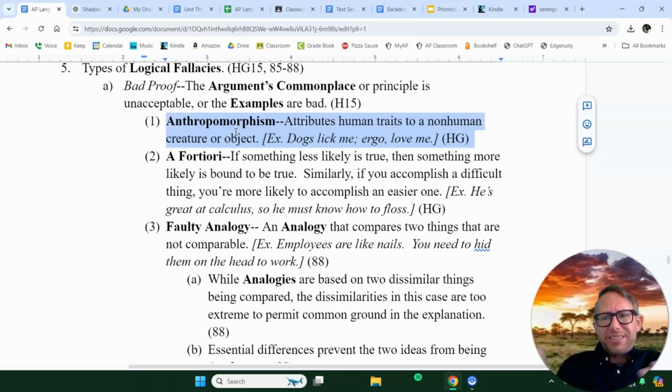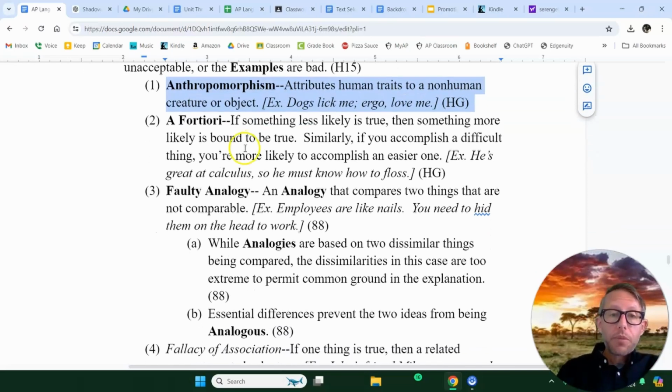We call them doggy kisses when they lick you, so therefore my dog loves me. No, I hate to break it to you, but your dog's just licking the salt off your body, okay? But that's very much anthropomorphism in that case. It's a bad proof to argue a specific point. I'm not saying your dog doesn't love you in whatever way dogs are capable of loving you, but the licking isn't necessarily a demonstration of that, and so it's bad proof, okay?